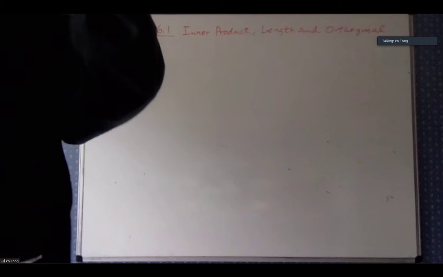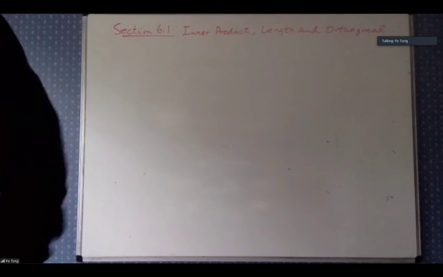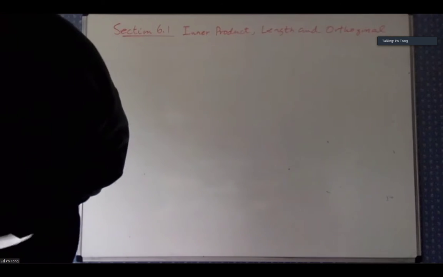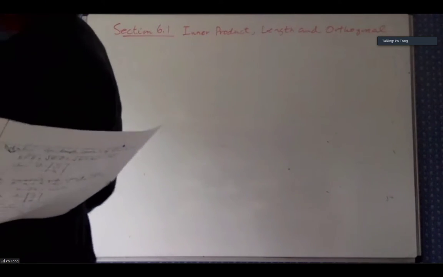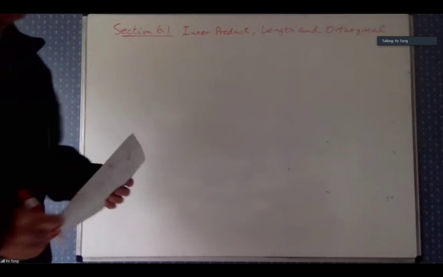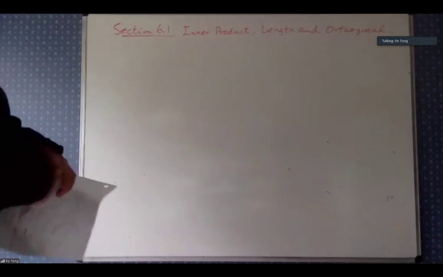What we have done so far this course, we talked about linear independence and dependence. We never talked about lengths and angles. This concept of inner product allows us to talk about lengths and angles. Inner product is the same as dot product. It's just a different name.